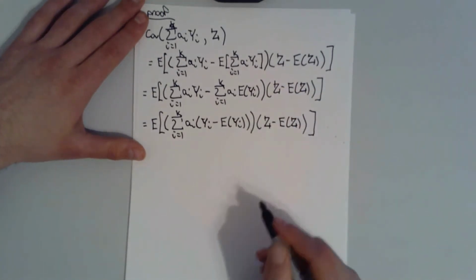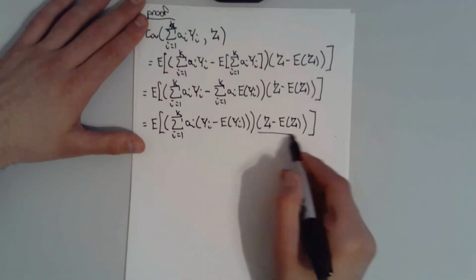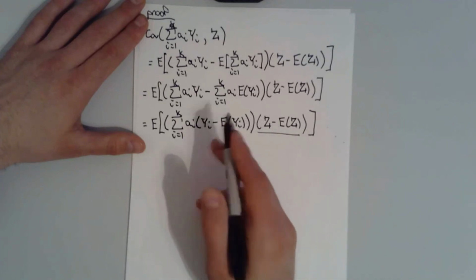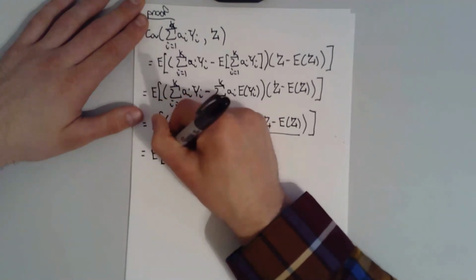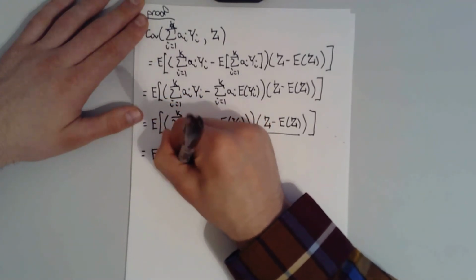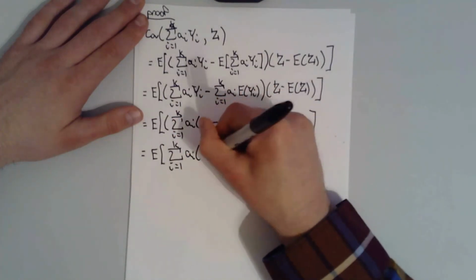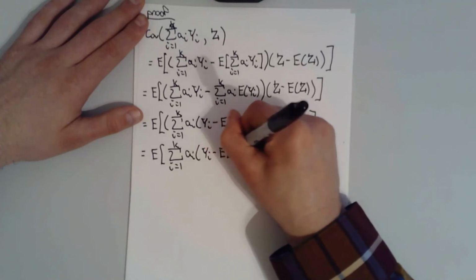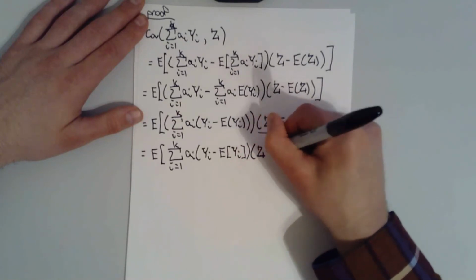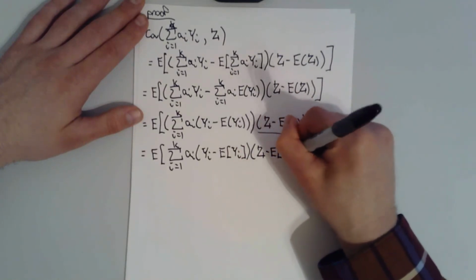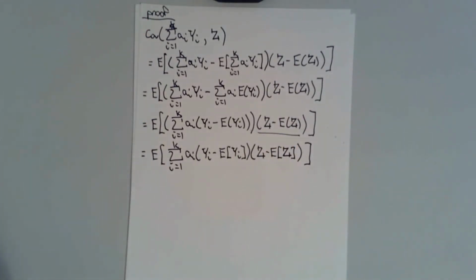So a number of parentheses here. The next step that we'll do is distribute this expression over each term in the sum, giving us the following expression.